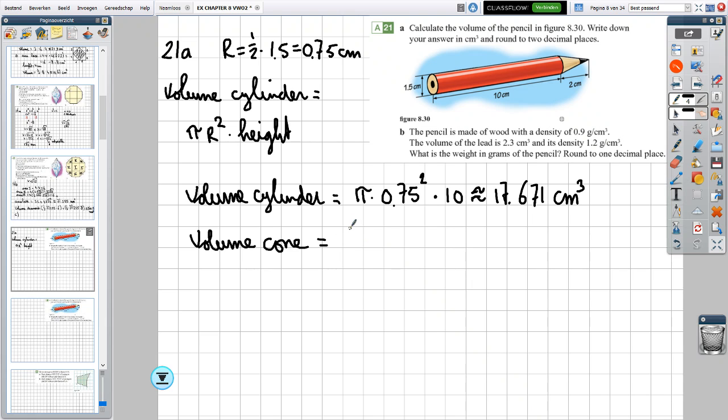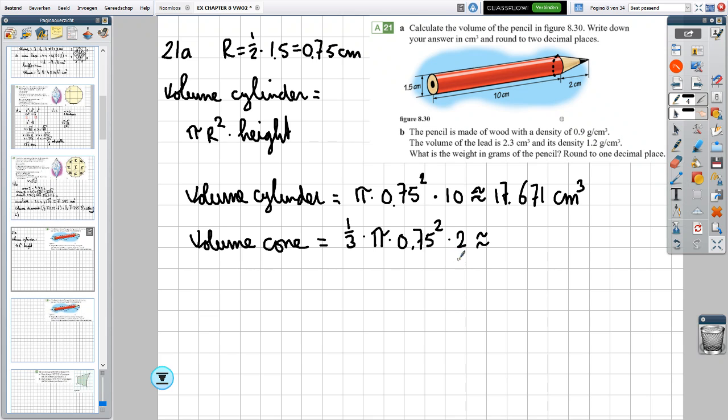The volume of a cone, that's the new formula, right? That was 1/3 times pi times radius squared. Radius is the same radius is right here, right? And the height in this case is a bit shorter, it's 2. And we're going to calculate this too using a calculator.